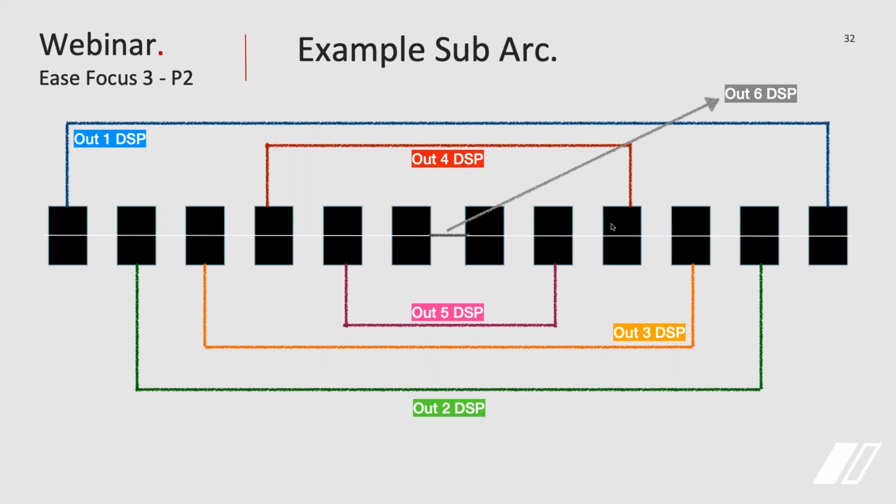So now I only have to send one audio line to all these subs, but then in each box, through the DSP that's built into it, I can add the delay to each box.